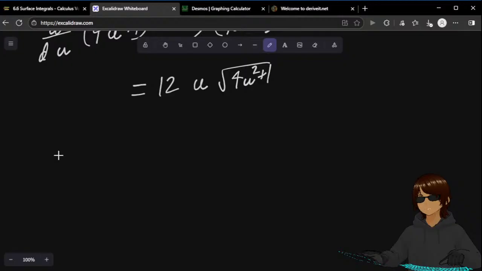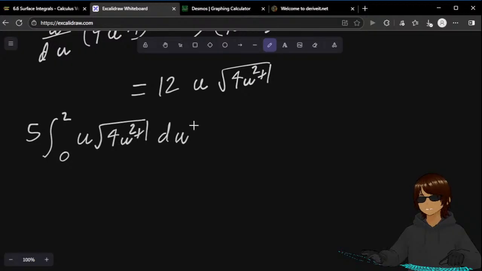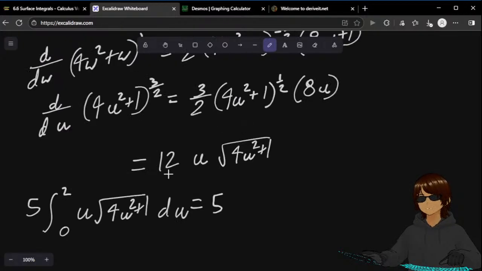Right. Then 5 times the integration from 0 to 2 of u root of 4u squared plus 1. This is equal to 5 times this divided by 12, right?